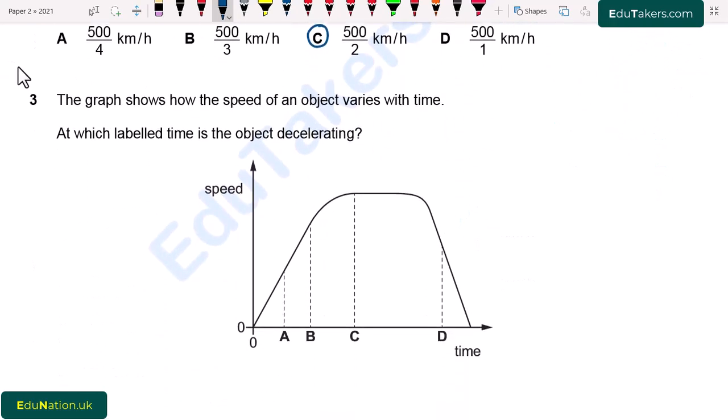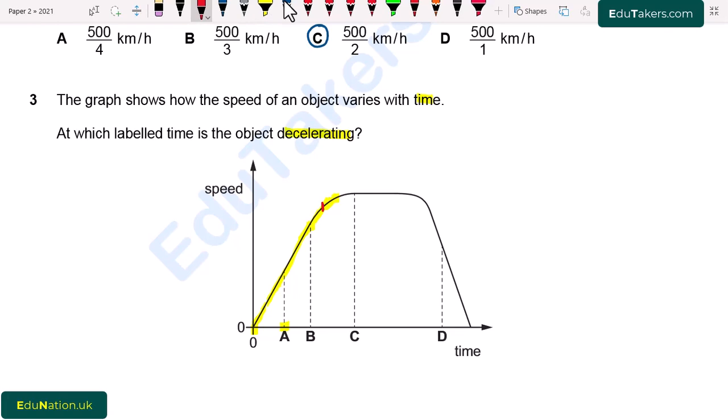Question number 3. The graph shows how the speed of an object varies with time. At which labeled time is the object decelerating? So, at which point does the speed of the object go on decreasing? From the graph, we can see from 0 to point A it is a straight line. It means that the object is moving with uniform acceleration, and also up to point B it is a straight line.